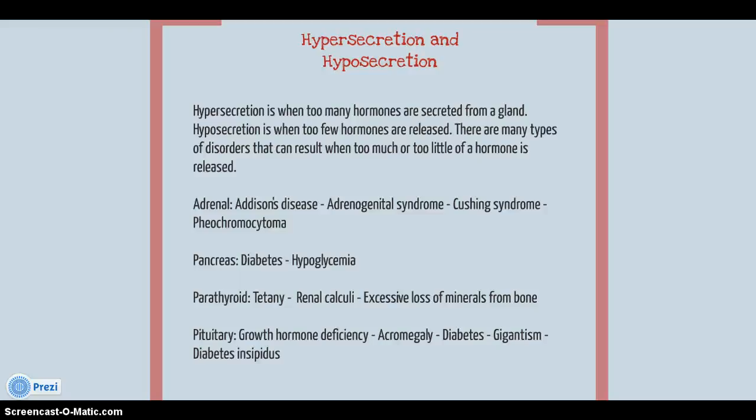In the case of the pancreas, we have diabetes and hypoglycemia. In the case of parathyroid, we have tetany, renal calculi, excessive loss of mineral from bone. And finally, from pituitary, we have growth hormone deficiency, acromegaly, diabetes, gigantism, and diabetes insipidus.